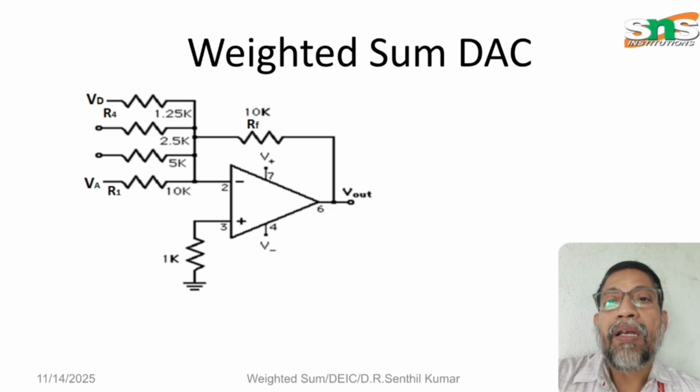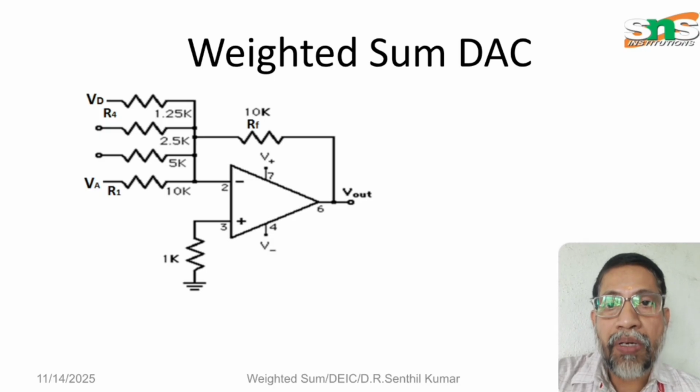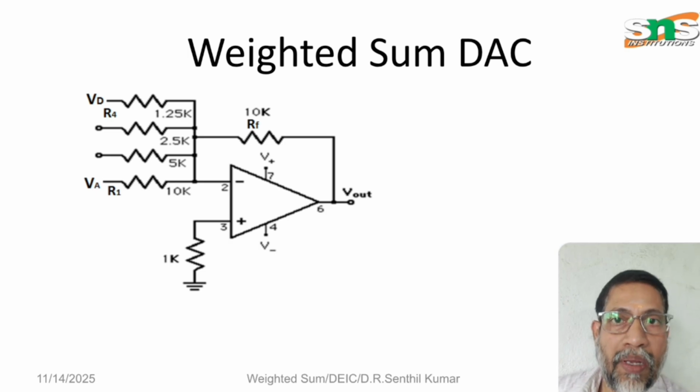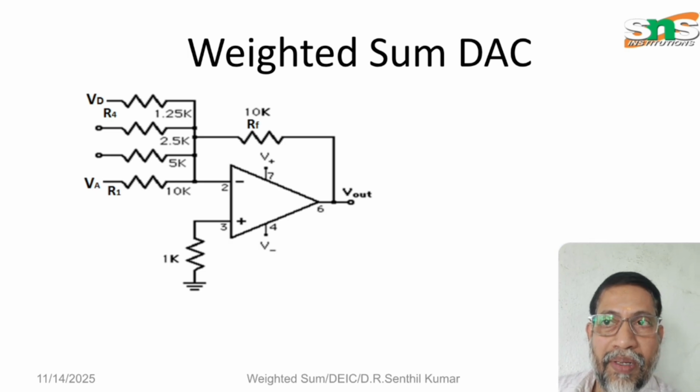The triangle indicates an operational amplifier, where the non-inverting input, plus, is connected through a 1K resistance to ground. The inverting input is given the supply.